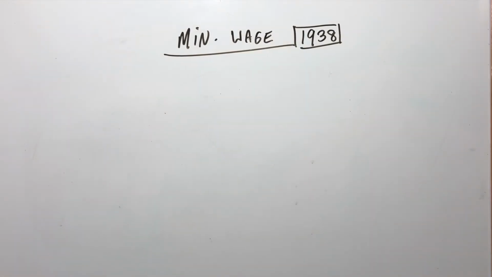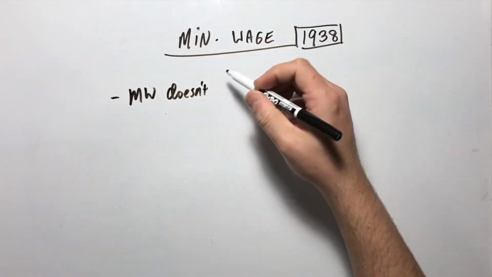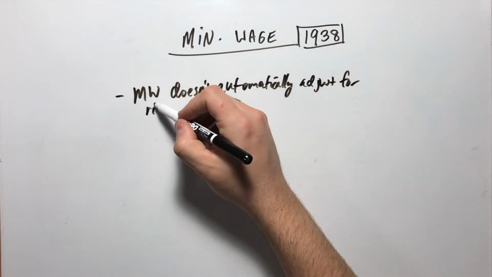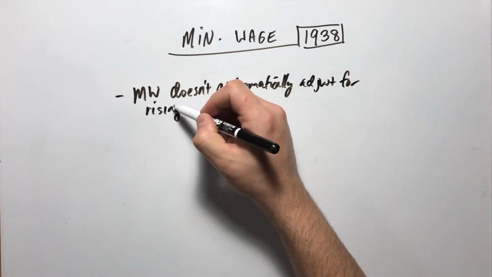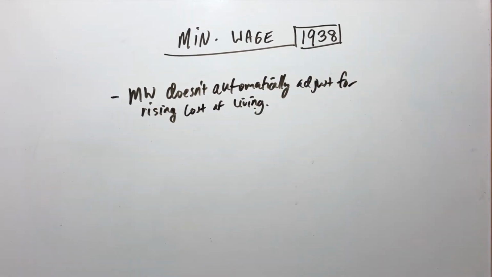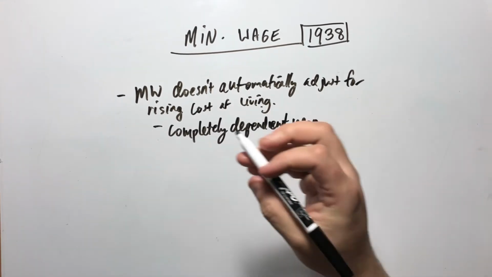So one of the reasons that the minimum wage is still very controversial is that the minimum wage doesn't automatically adjust for rising cost of living. It was set originally at 25 cents per hour. It has increased over time since then, but it is completely dependent upon politicians.